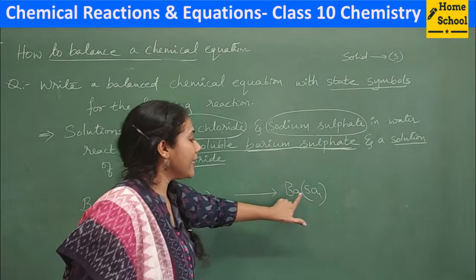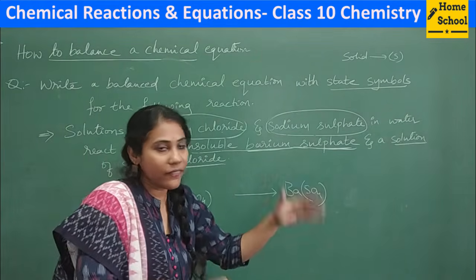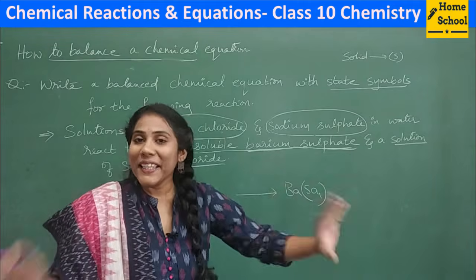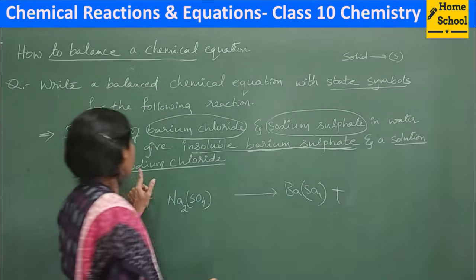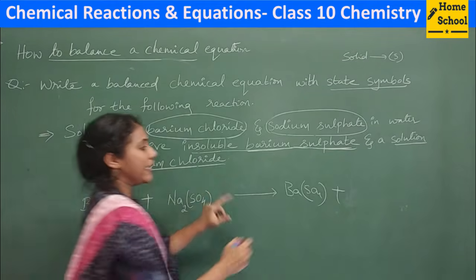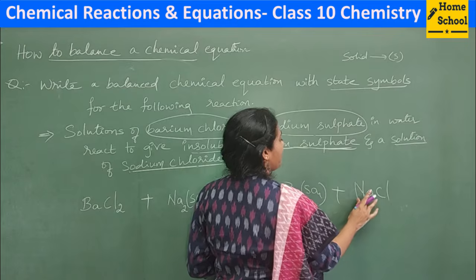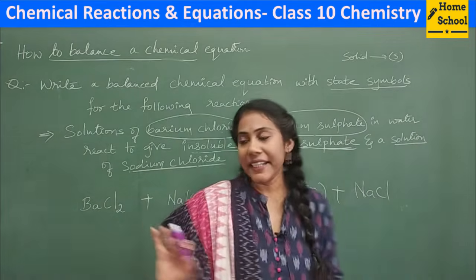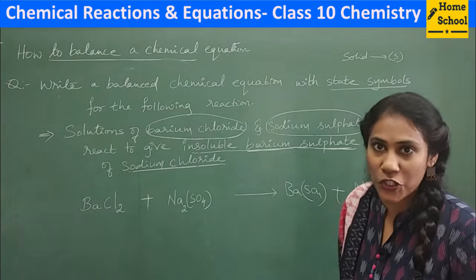Barium valency 2, sulfate valency 2. When 2 is there, it gets cancelled and you get BaSO4 as the formula. Plus another product you got, a solution of sodium chloride. What is the formula of sodium chloride? NaCl. After writing this equation, see whether the reaction is balanced or not.